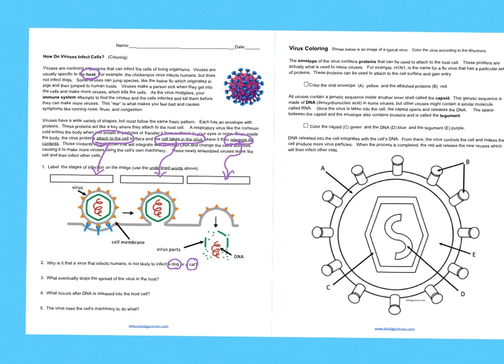And what eventually stops it is the immune system going in and getting rid of the virus. And what occurs after the DNA of the virus is released into the host cell?